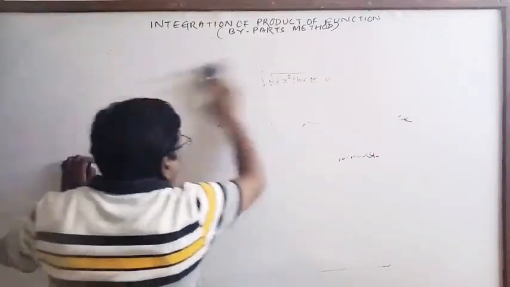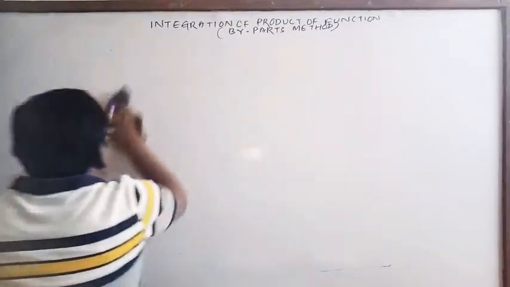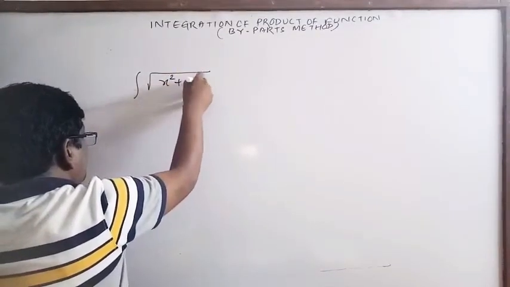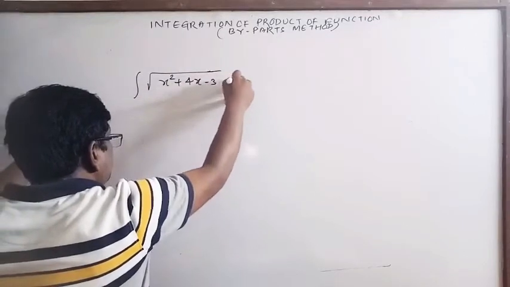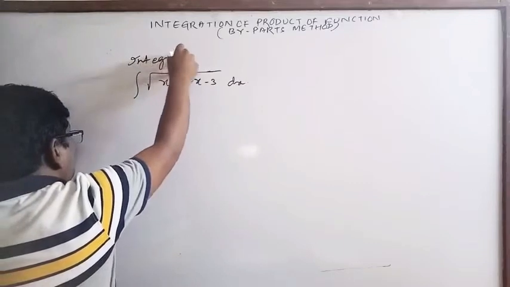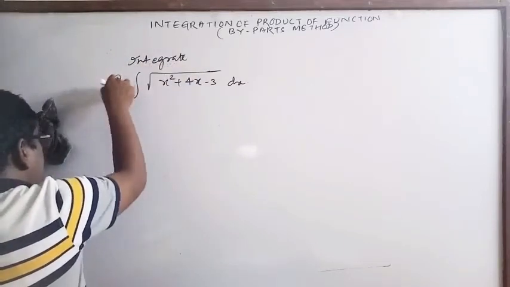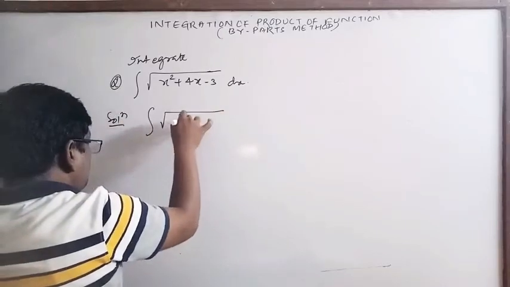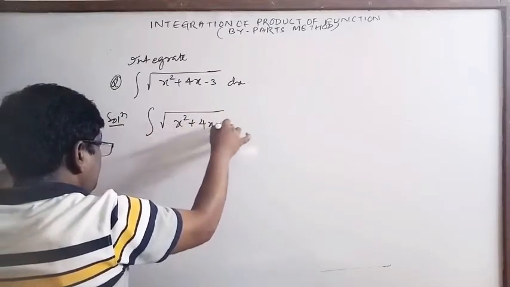Integrate root over x square plus 4x minus 3 dx. This is the question. The solution is integration of root over x square plus 4x minus 3 dx.